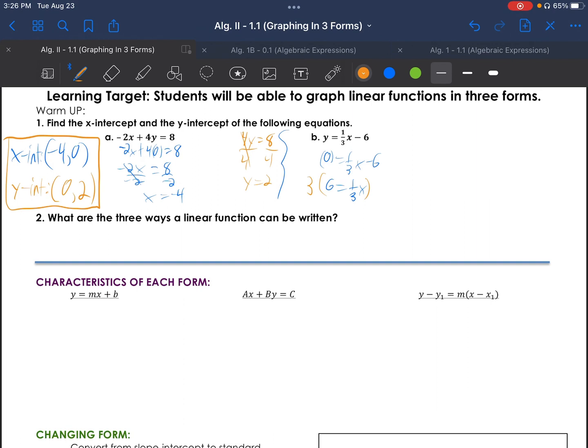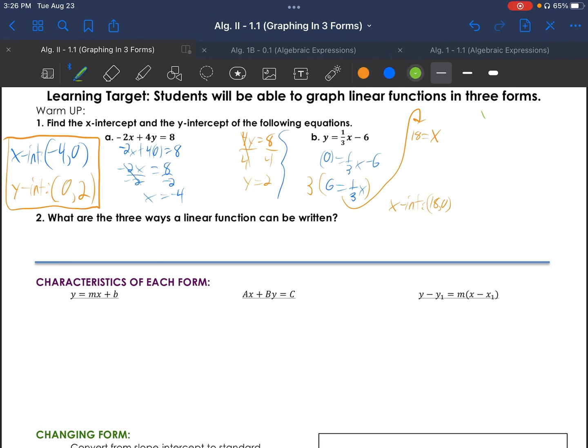Either way works the same. You end up having 3 times 6 is 18 equals 1/3 times 3 is just 1, so you're left with 1x, aka x, which gives you an x-intercept of 18, comma 0.